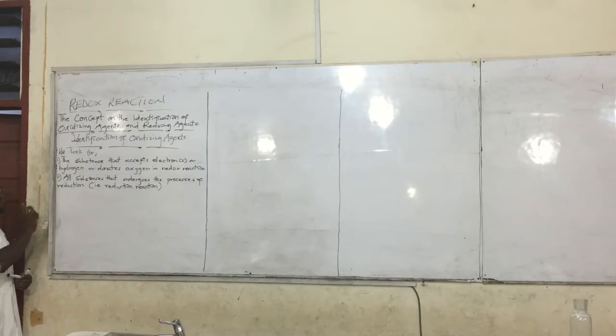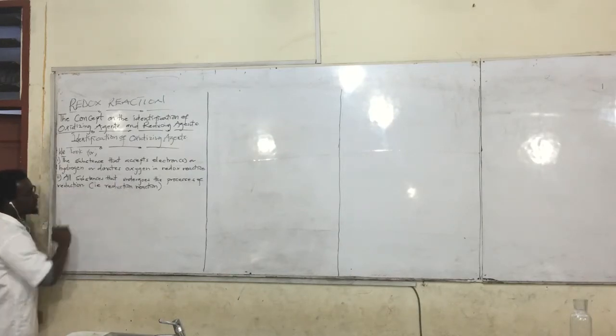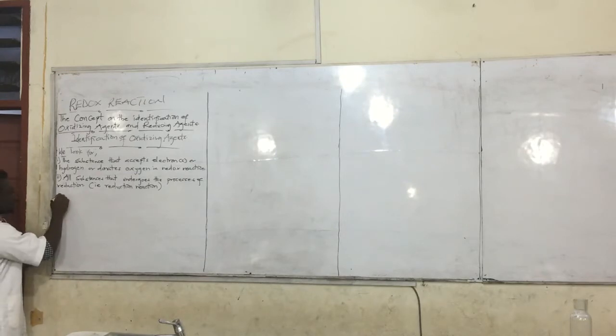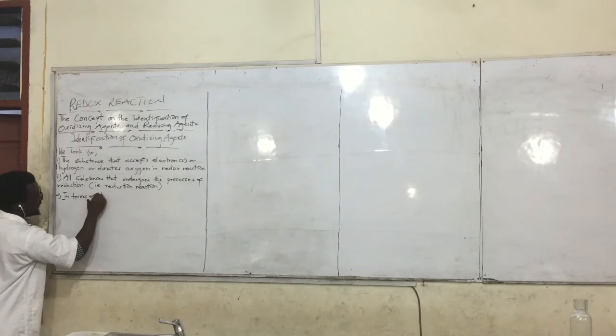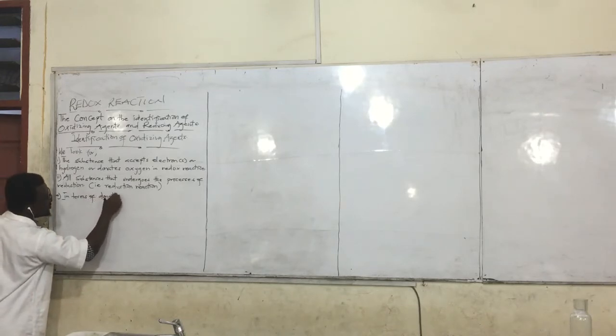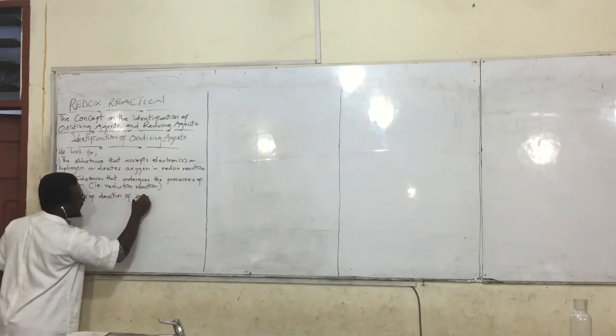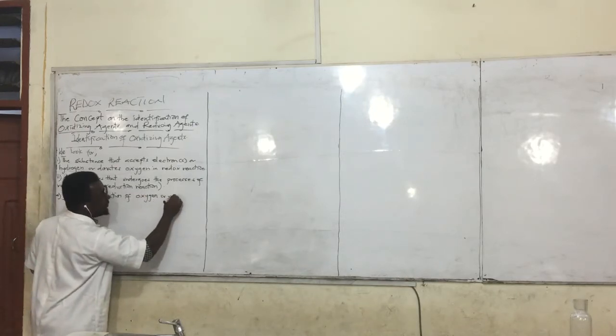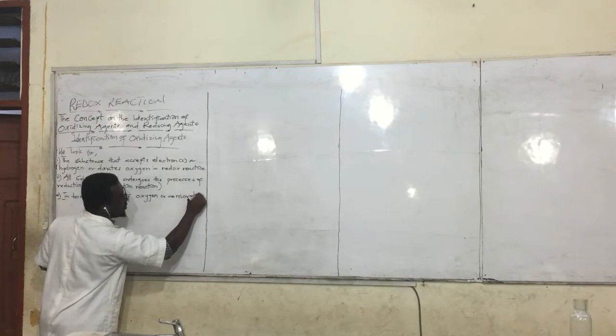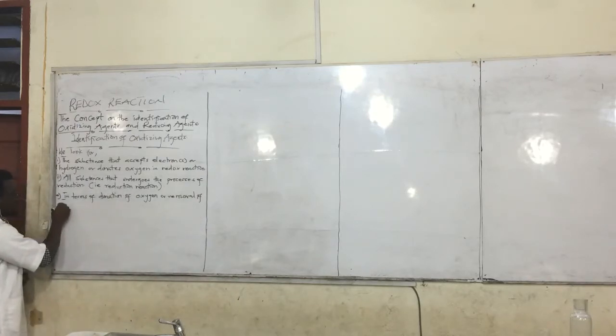Now, we are going to look at this concept of identification of oxidizing agents in terms of certain technicalities that we have introduced over here. So we are going to look at the first one, donate oxygen. So A, in terms of donation of oxygen, that is called removal of oxygen.